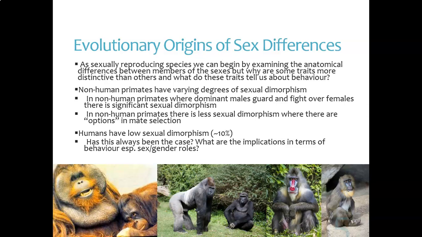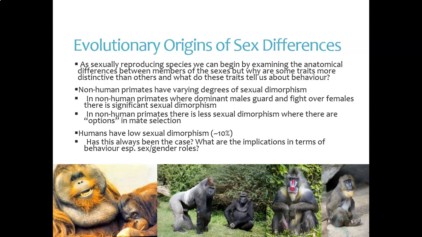And to produce offspring with. So for example, we tend to see high sexual dimorphism, such as in gorillas, where there's greater competition and limited access to mates for males or between males, right? So males have to compete with each other in order to basically secure access to a greater number of females in order to reproduce.